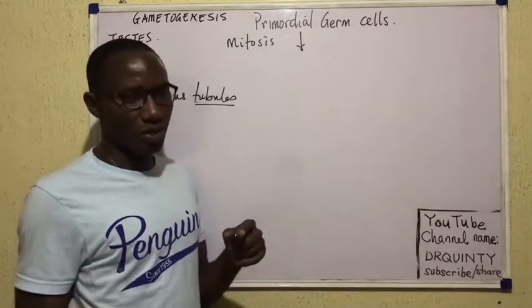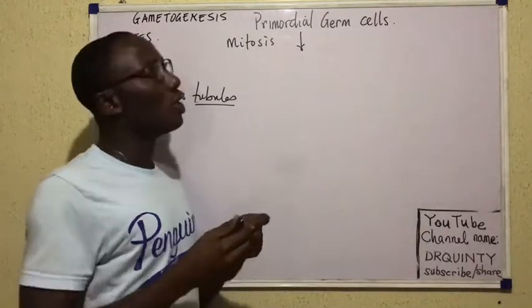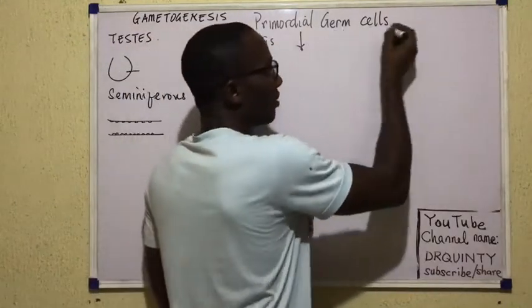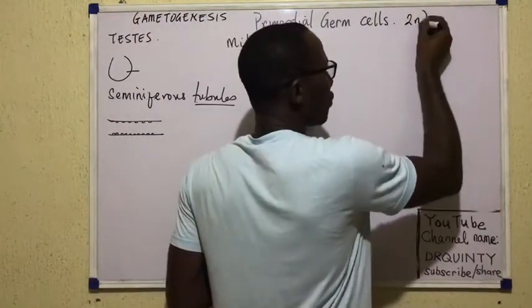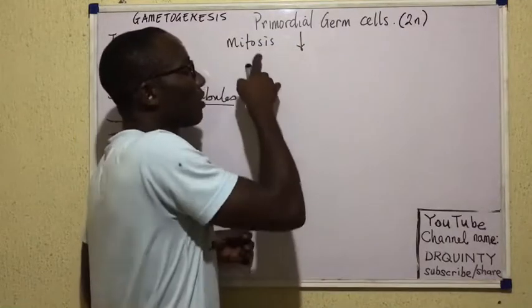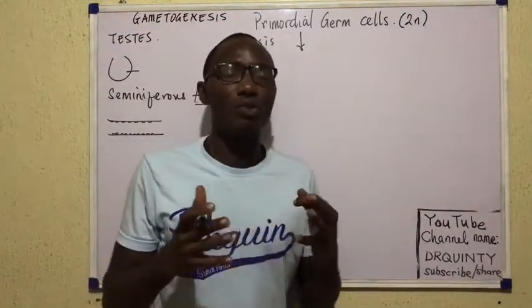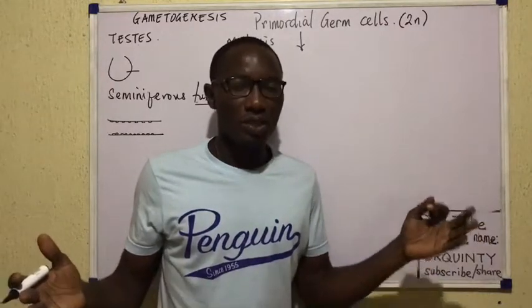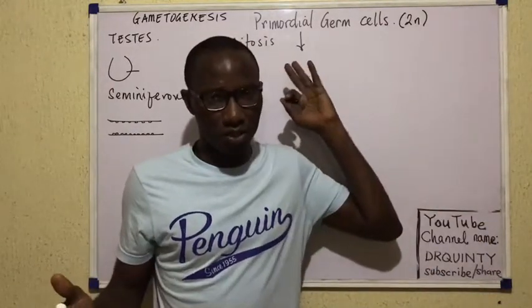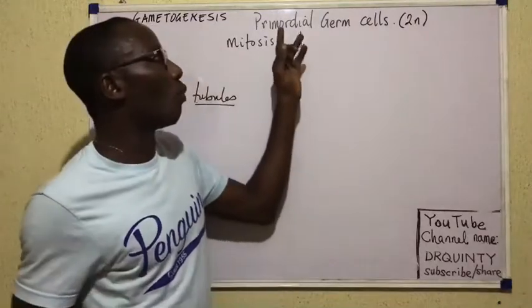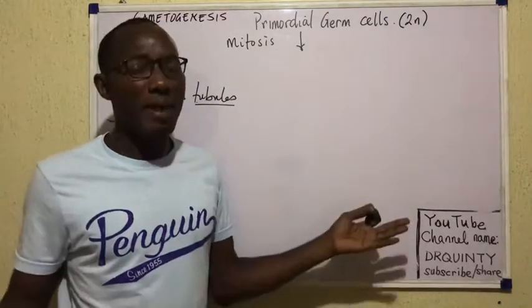There's no reduction in number of chromosomes. So for the primordial germ cells, they are diploid, so I'll write 2N there. And when they undergo mitosis, it only gives them an avenue to multiply. So we say it's a multiplication division taking place there, so that from one cell you can get many cells.